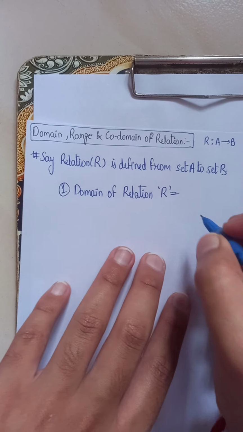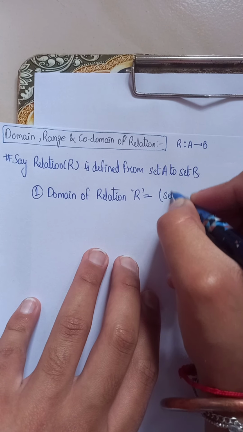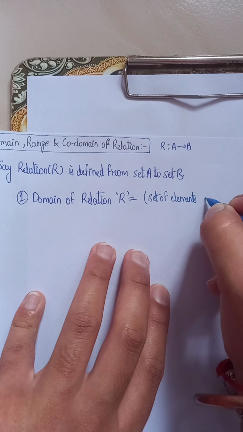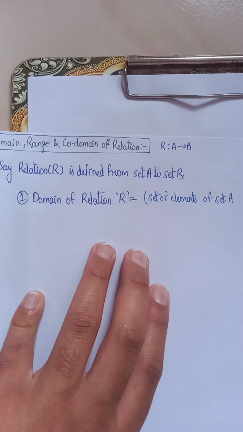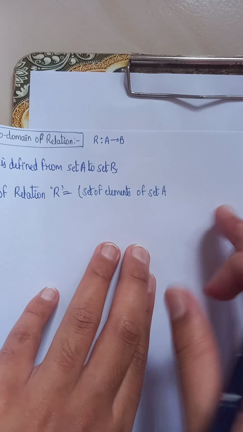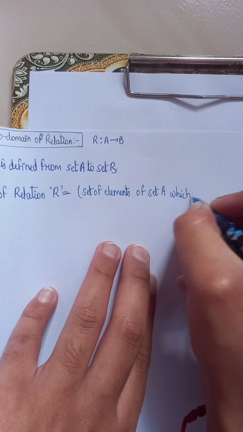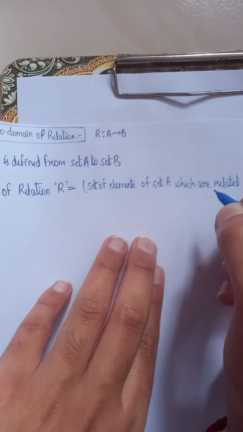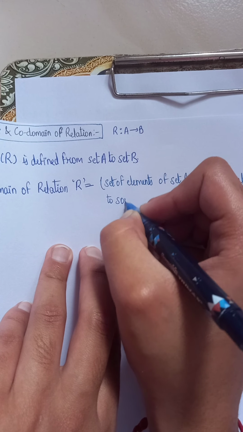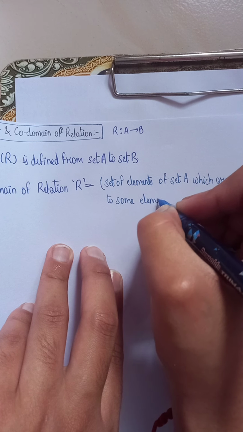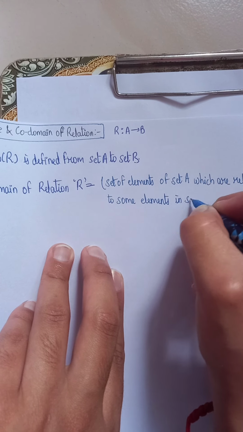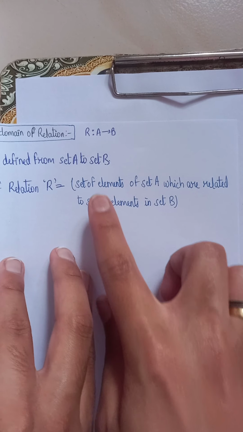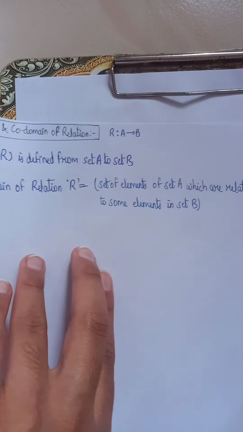It's nothing but the set of elements of set A which are related to some elements in set B. You write the domain as the set of elements of set A which are related to some elements in set B.